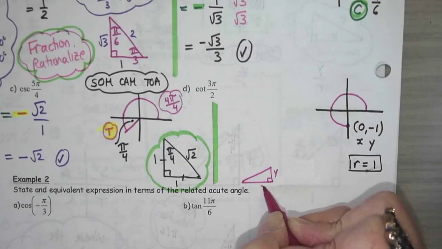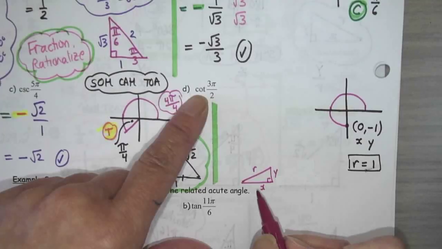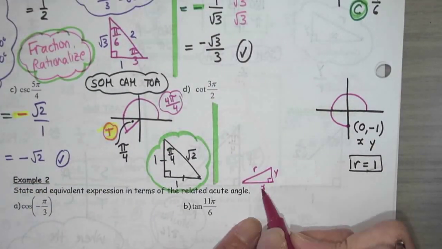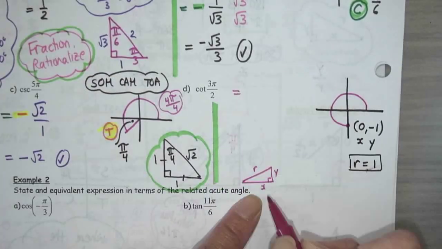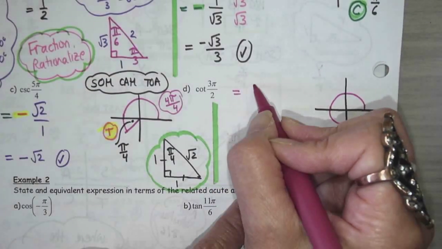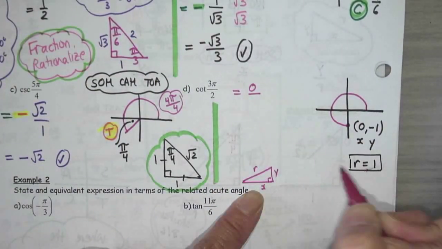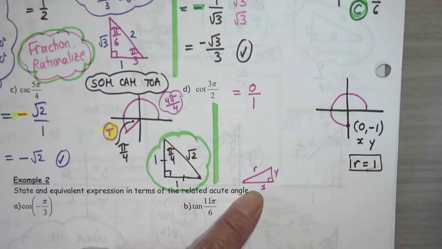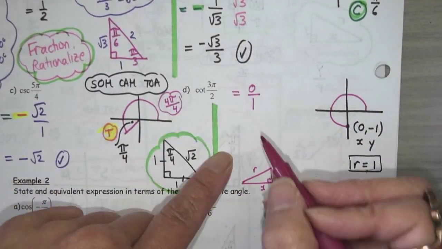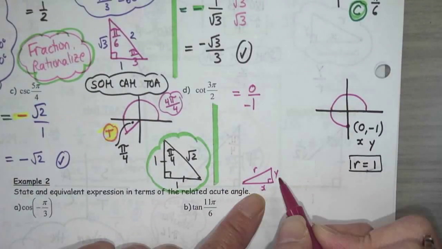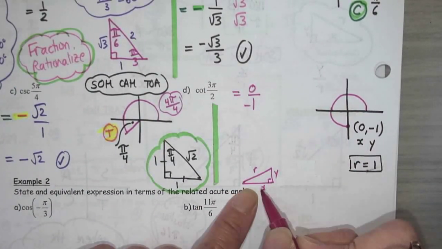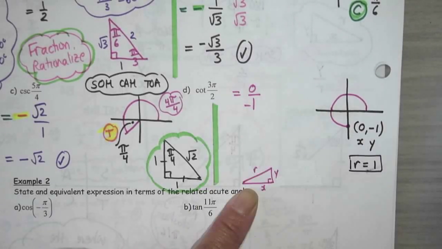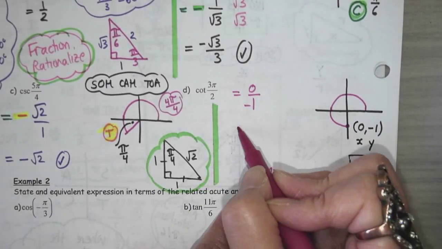So this is y, x, and r. So tan would be y over x, but instead of y over x, it's x over y. Cotangent, backwards. X over y, so 0 over negative 1, and that just equals 0.